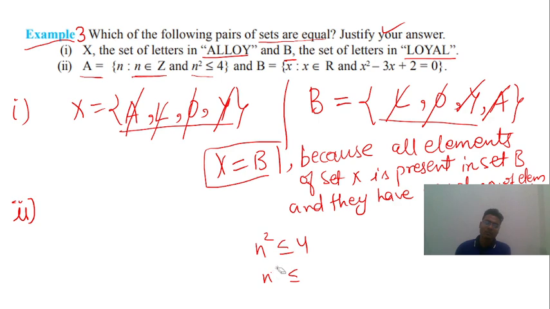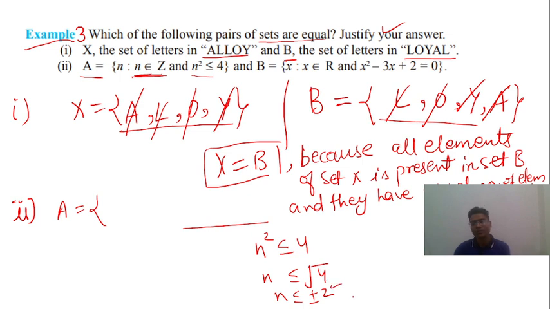N is less than square root of 4, so n is less than positive negative of 2. So they are actually saying less than here, and Z belongs to what? Z belongs to, means n belongs to this number, integer actually. Okay, so we write a set here.